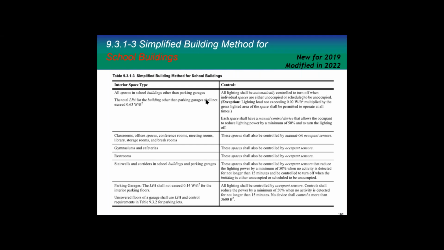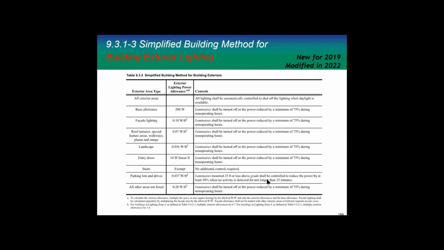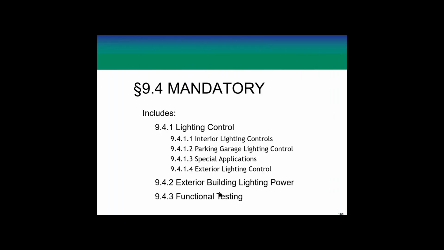School buildings, same kind of thing. And again, still too many controls, most people say. Exterior lighting for the simplified method, I'll go through it, you haven't seen the normal table, so you don't know much about this. But anyway, it's a little simplified, but not much.